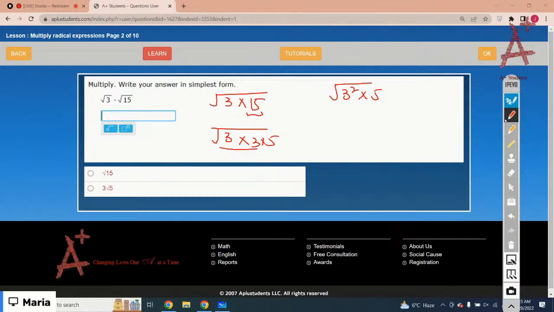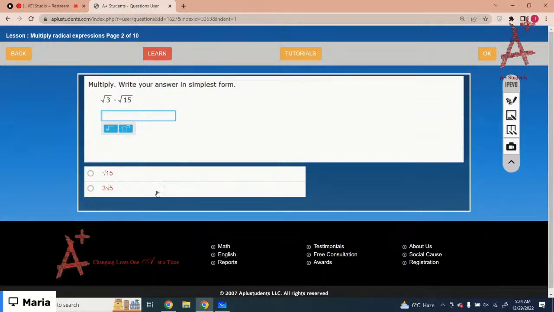You can write them in different square roots. They both are equal. So the square and square root cancel out each other. You're left with 3 square root 5. Got it? So the correct option is option number 2. That would be 3 square root 5. So just select the correct option, then click on the OK button.